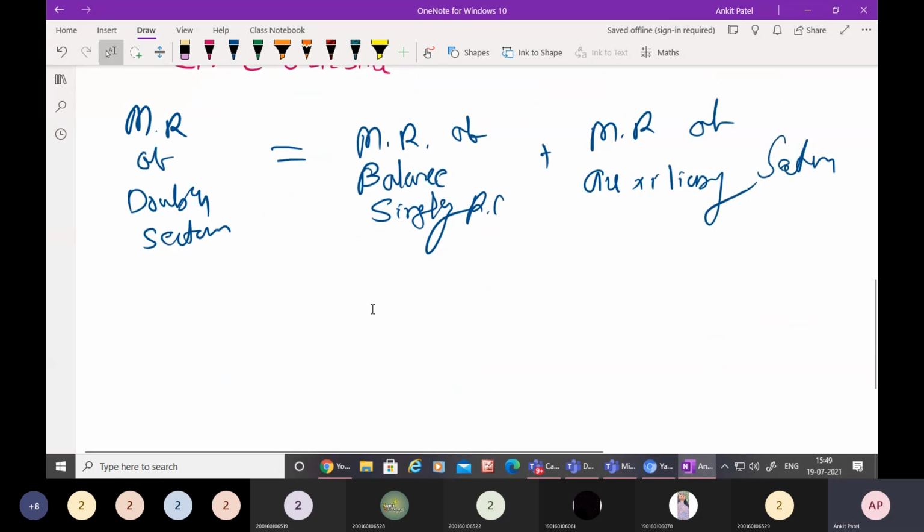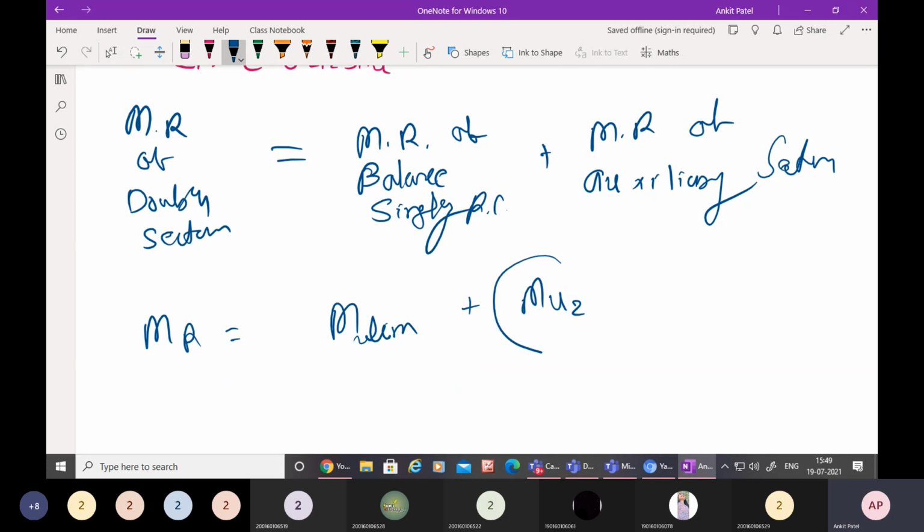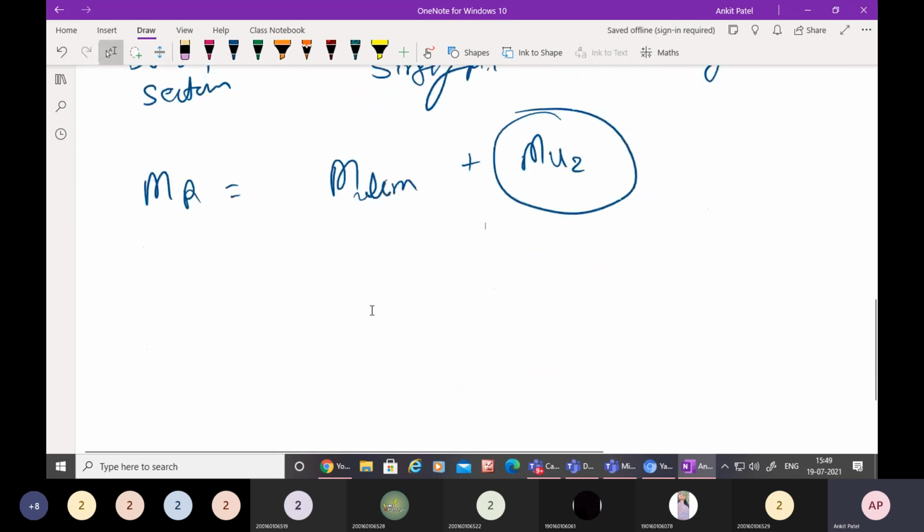So you can convert this into: moment of resistance equals moment of resistance for the balanced section, that is Mu,lim, plus Mu2. So what we need to find out is the value of Mu2.